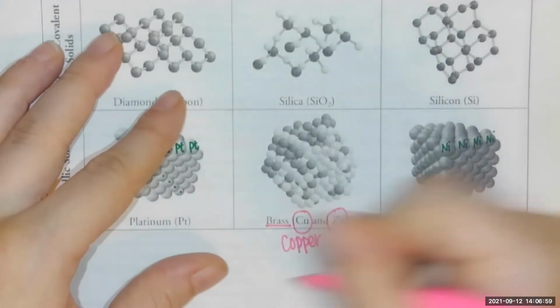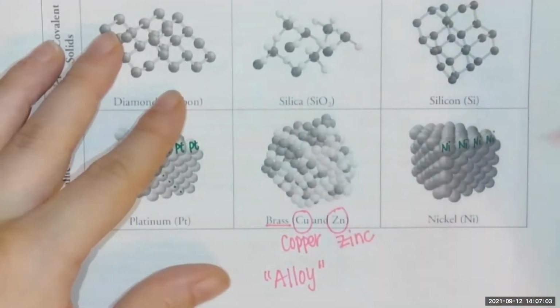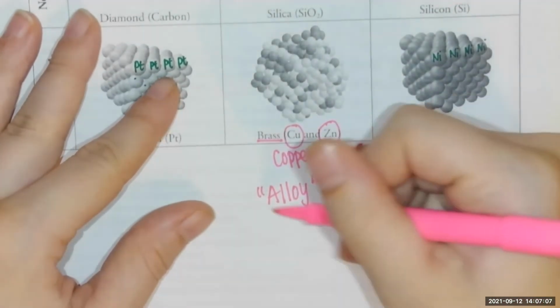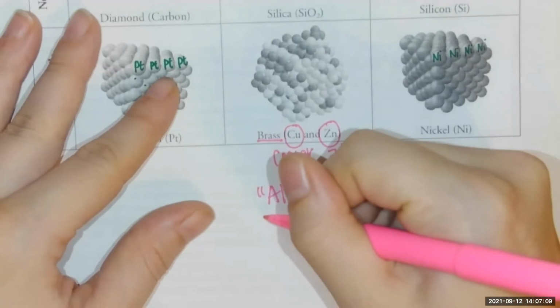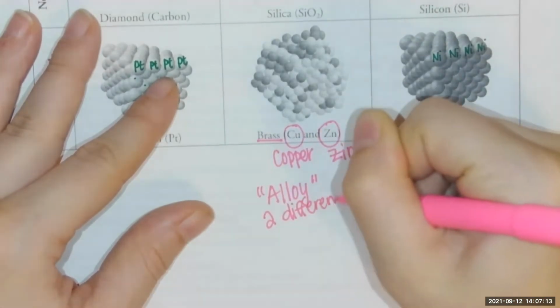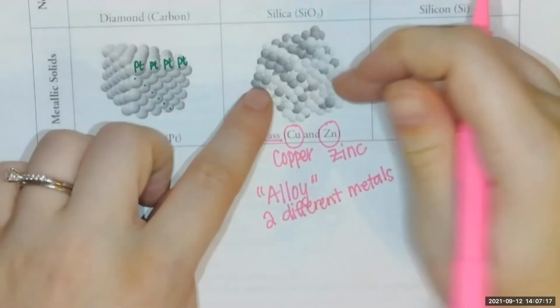Brass is what we call an alloy. An alloy is when you have two different metals that have come together like that.